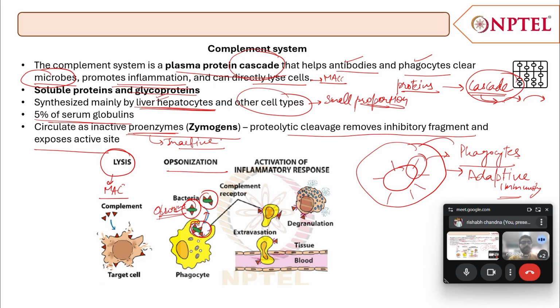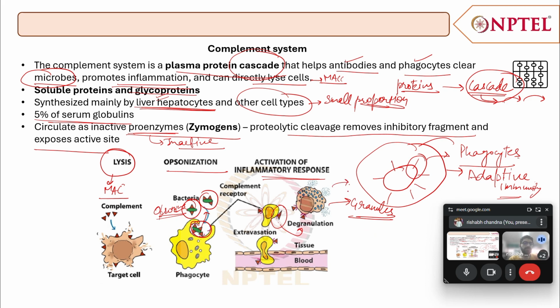The third function is the activation of the inflammatory response. The complement proteins basically act as ligands for receptors, and they lead to degranulation of the granules present in granulocytes.